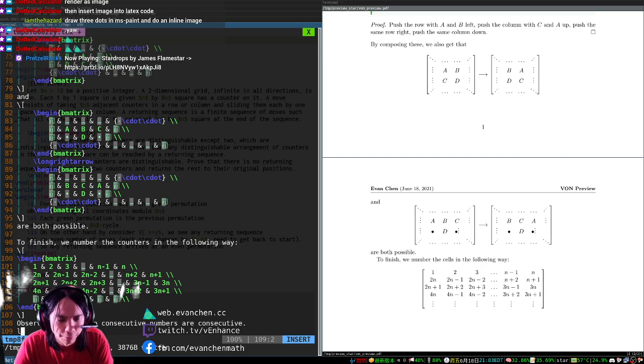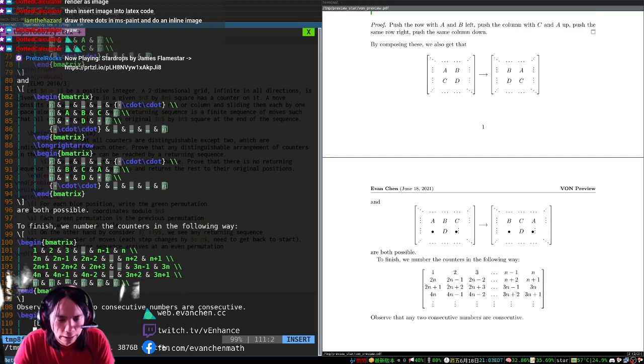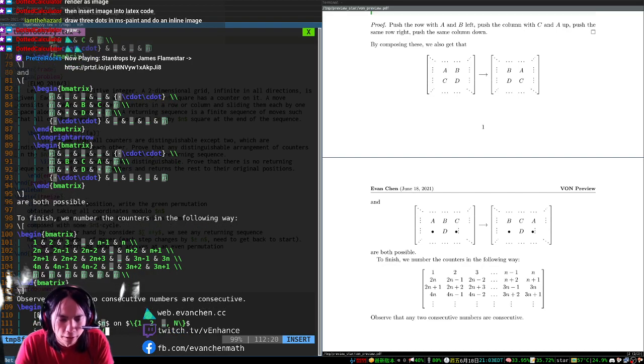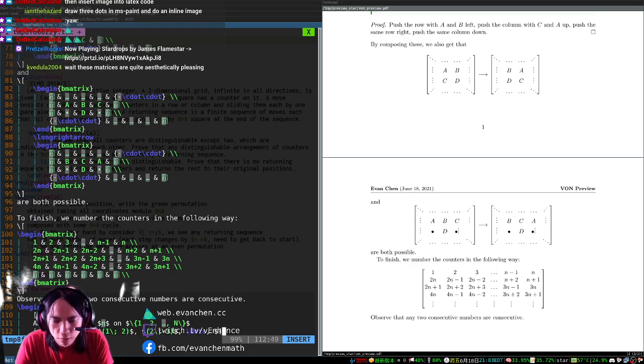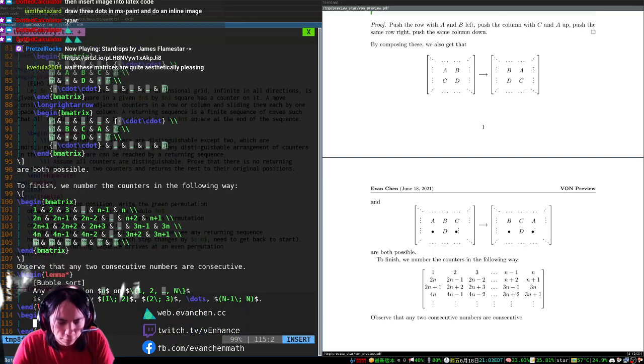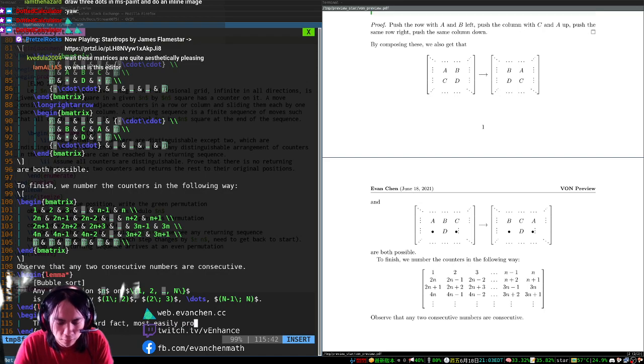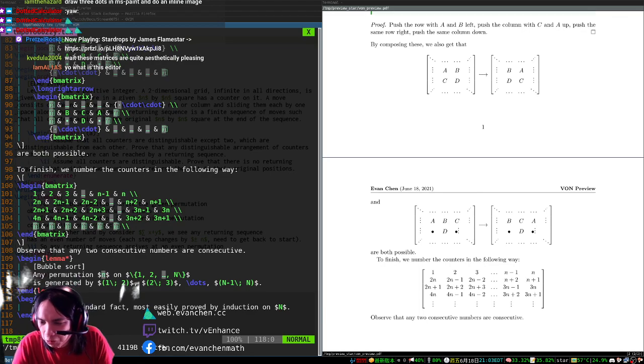Claim, lemma, bubble sort: any permutation pi on 1 through n is generated by the adjacent transpositions (1 2), (2 3), up to (n minus 1 n). Well, this is a standard fact.